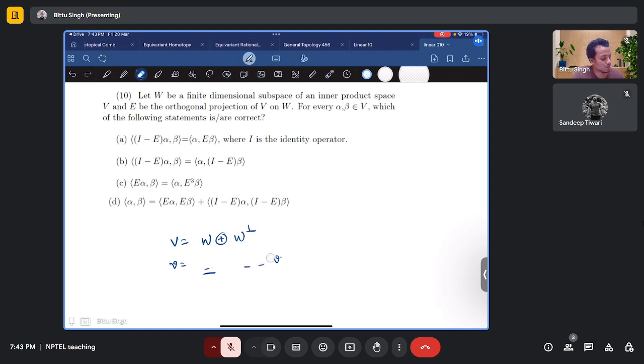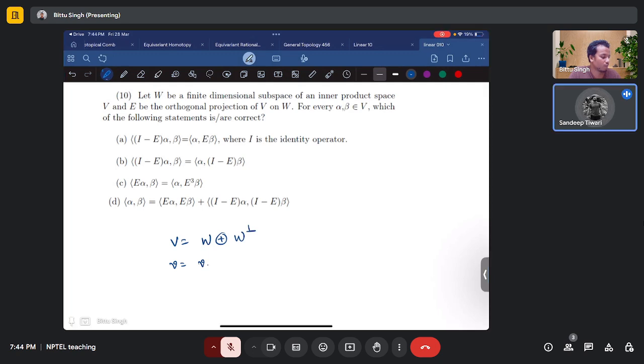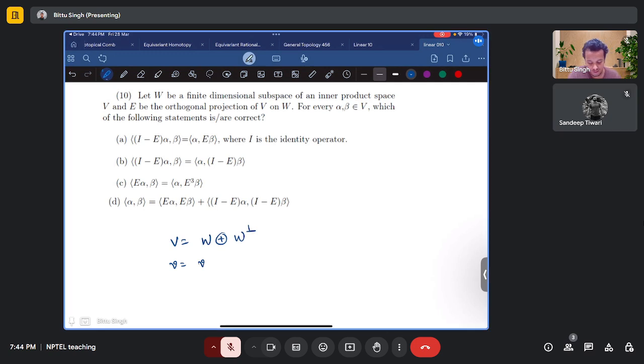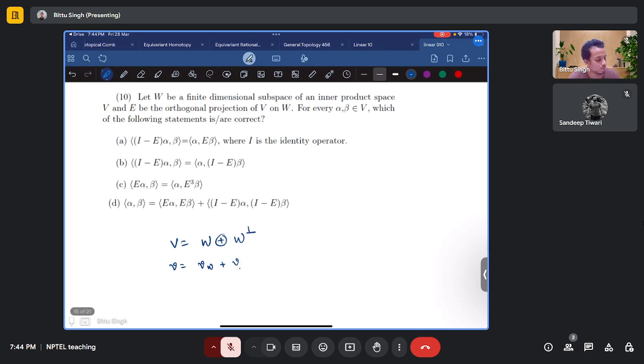Maybe write it in a different notation, it will be easier to explain. So V can be written as EV plus (I minus E)V. That is, V in the direction of the subspace W plus the component of V on W perp.